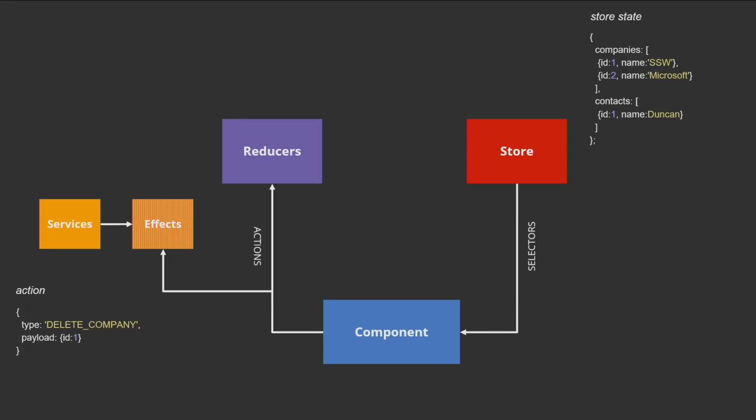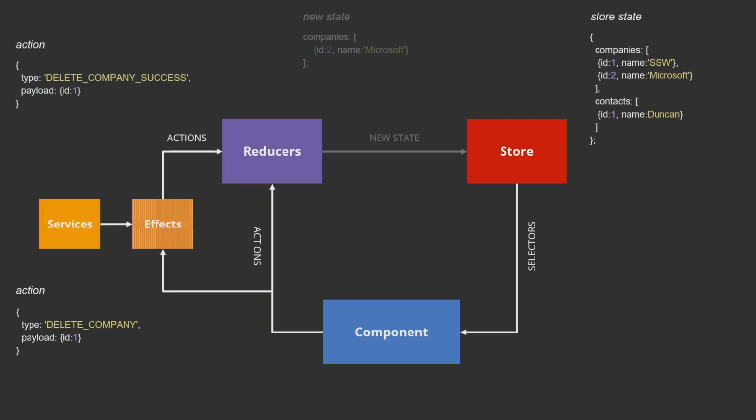What the side effect can do is raise another action. So our side effect does our work against our service, such as our database, raises a new action saying this action was successful, and then that action can also take the payload of what we loaded from the database, for example, push through the reducer, and update our state.